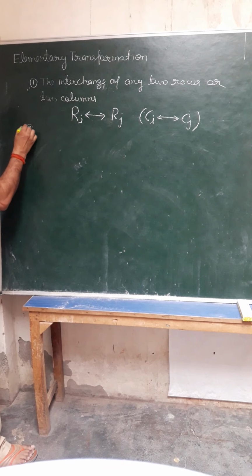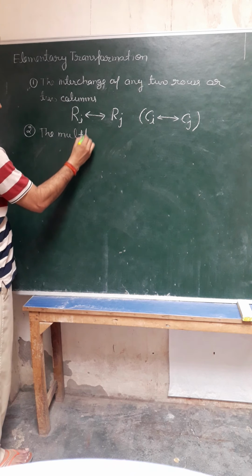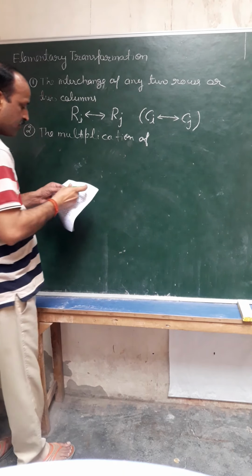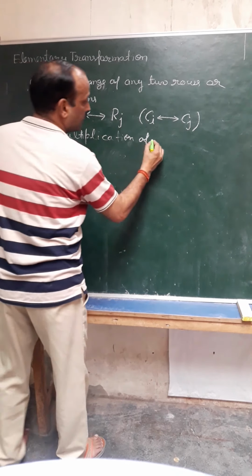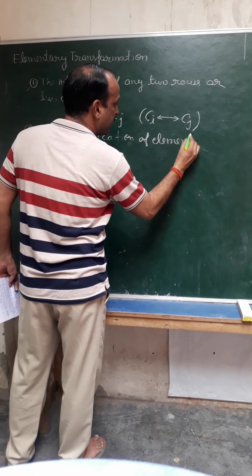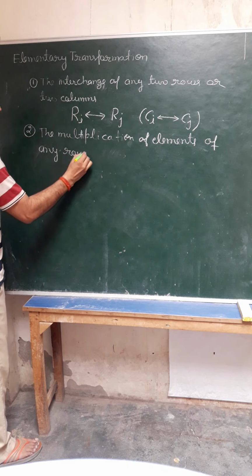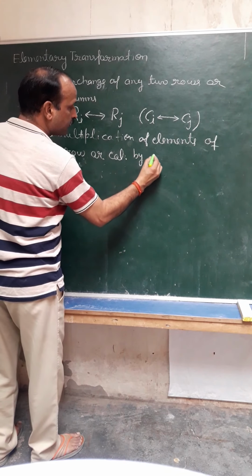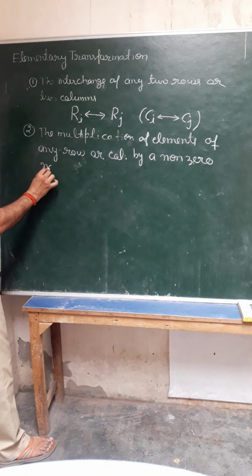The second operation is the multiplication of elements of any row or column by a non-zero number.